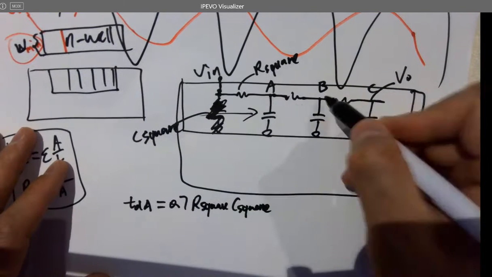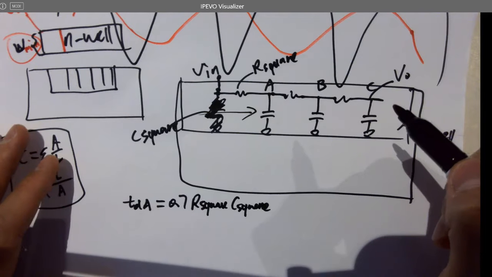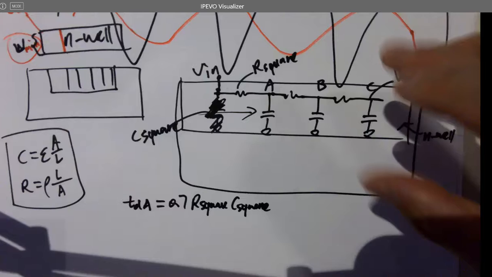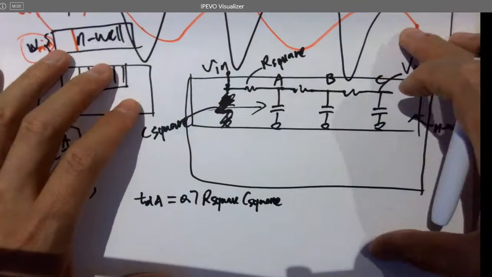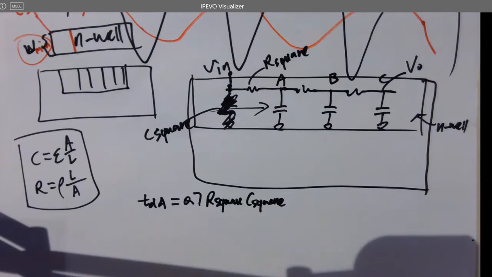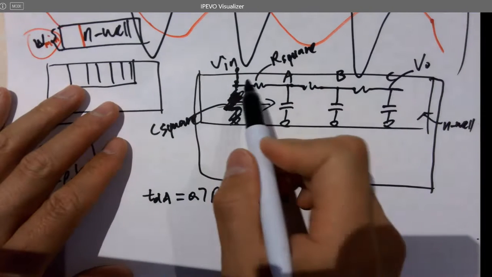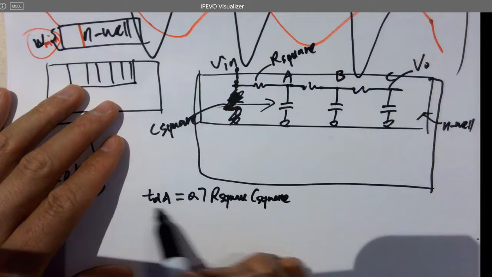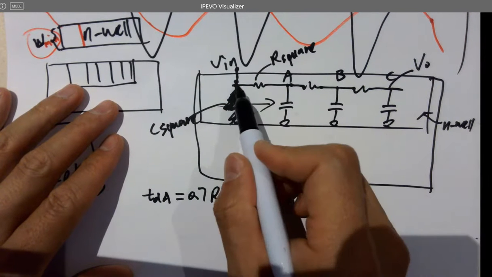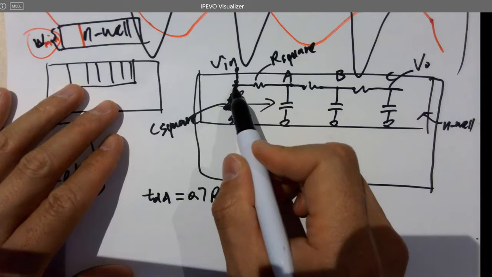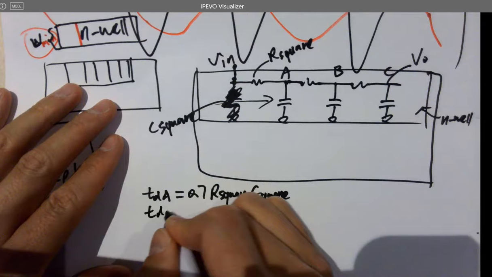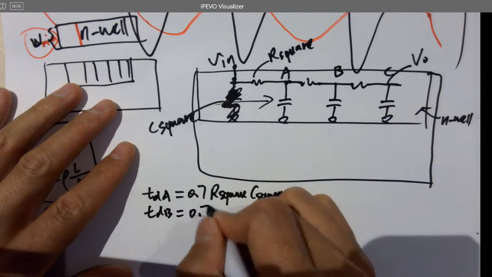Okay, so what about A to B? No, you are not calculating in that way. So how to calculate it? This can be tricky, but the method being provided in the CMOS book, the textbook of the class, is calculated in this way. So T from here to A is definitely this, and from here to B, we always start from here. Why? So you start from here to here, you can get this, and then you calculate for TDB equals 0.7.